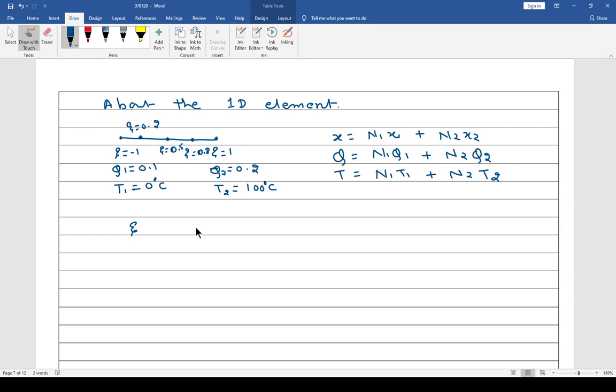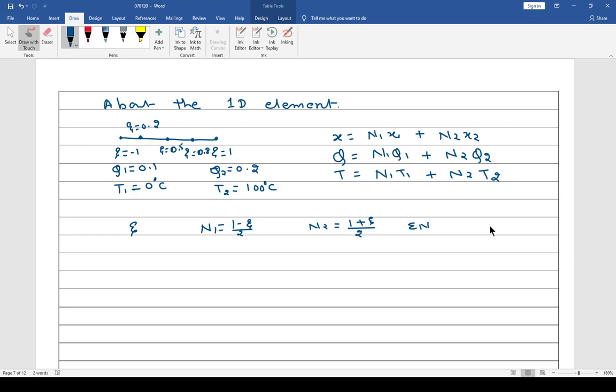I need xi, I need N1, that is equal to (1 minus xi) by 2, and I need N2, (1 plus xi) by 2. This is all we have derived. And the summation of N, that is N1 plus N2.